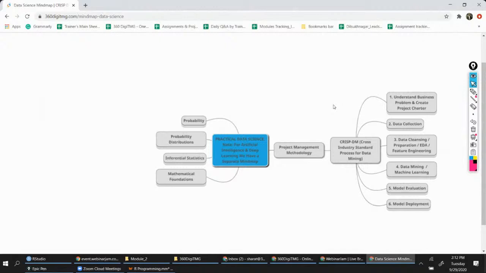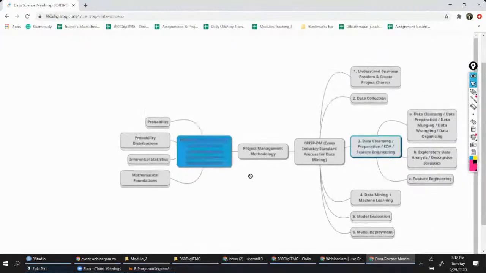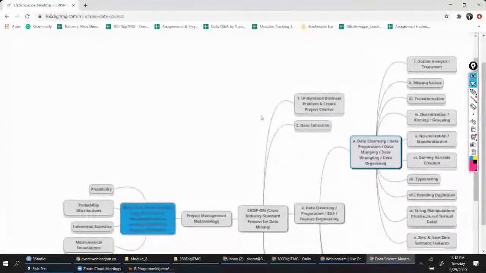But before applying any model, that is your machine learning algorithms, we need to do data cleansing. And as part of data cleansing, we've also learned about exploratory data analysis and feature engineering as well. Feature engineering is nothing but reworking on your features so that you'll finally choose what is more relevant.